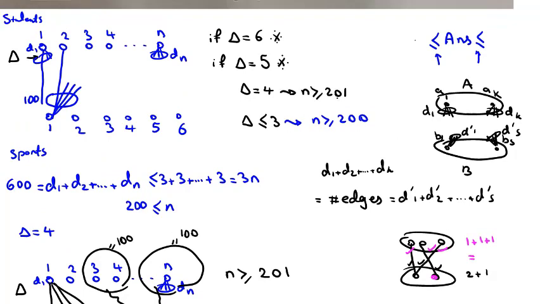The answer cannot be less than 200, because it would be a contradiction. We have only these two cases: here n is at least 200, and here n is at least 201. So n cannot be less than 200, and the answer is greater than or equal to 200.